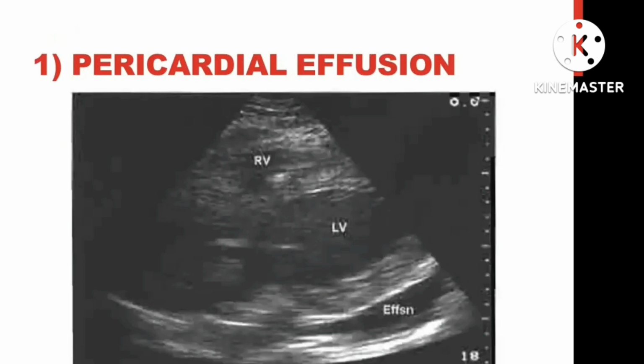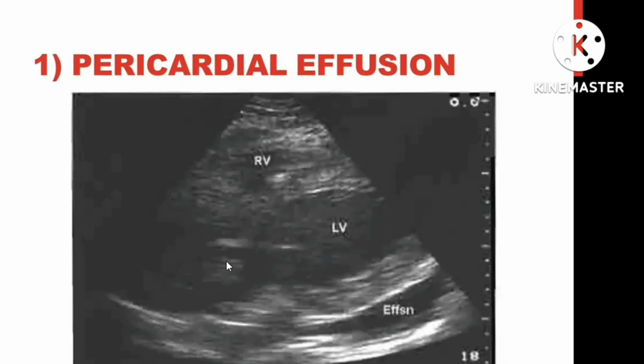So what view is this? Yeah, it's already written. Long axis, so you see the left ventricle here, the right ventricle here. Which probe is used? Emergency view or cardiologist view?